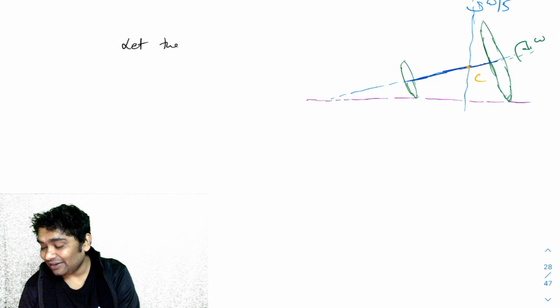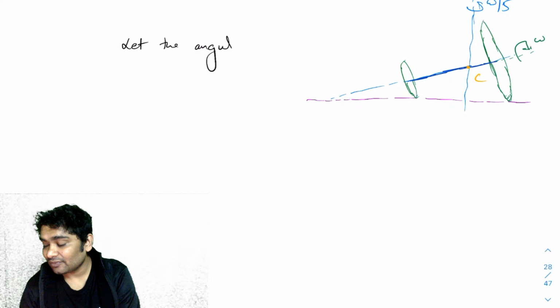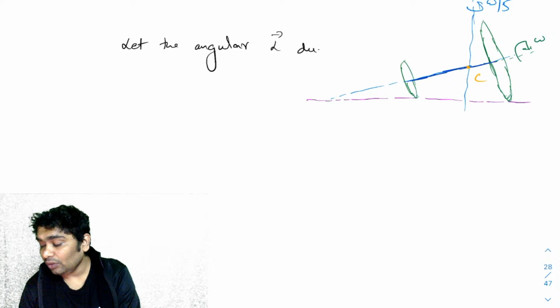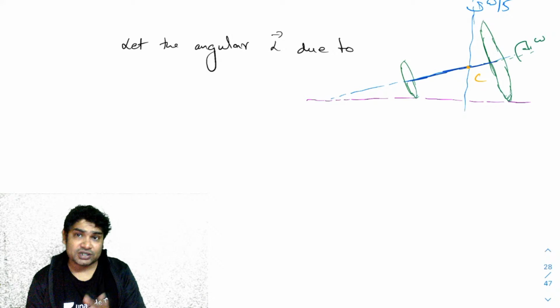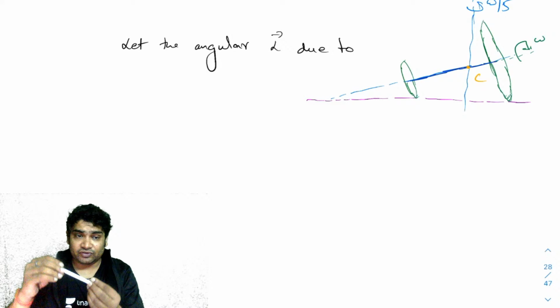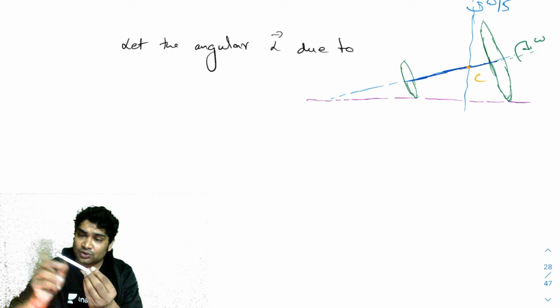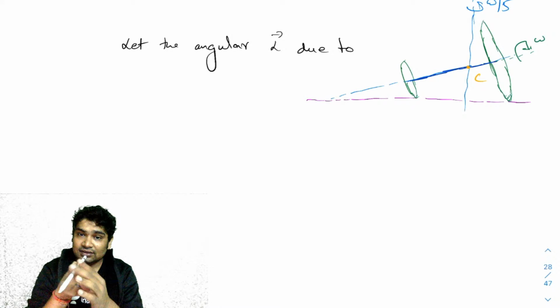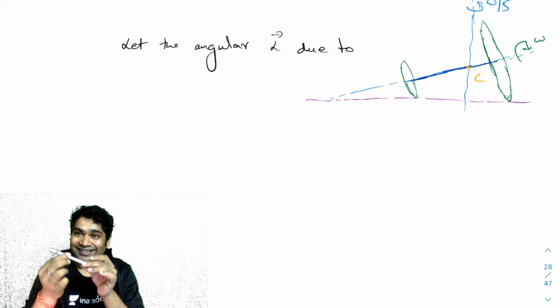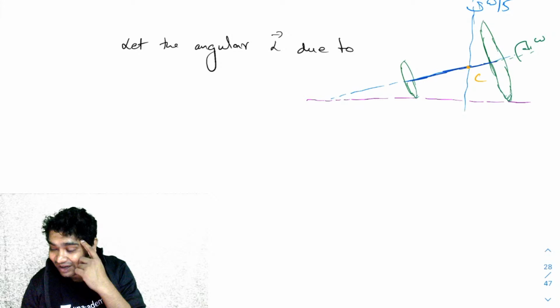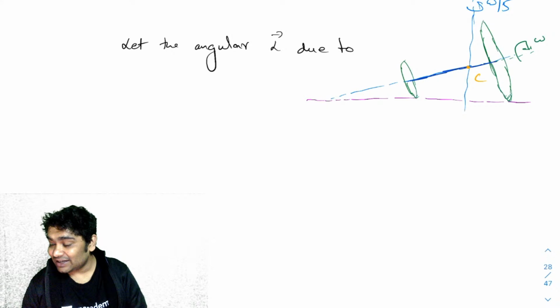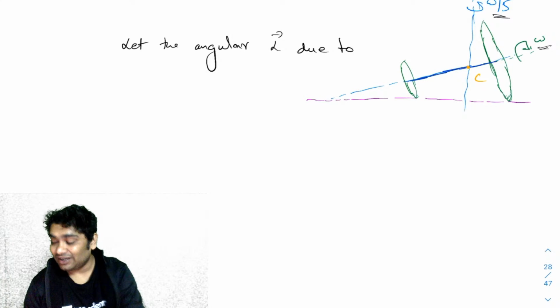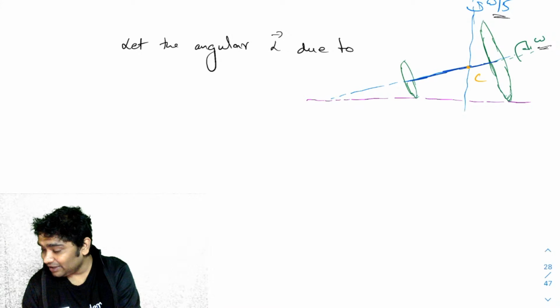So you have two motions that you see in the reference frame of the CM. You see a rotation like this and you see a rotation like this. Correct? So there will be one angular momentum from the reference frame of CM due to this omega and one due to this omega by 5.